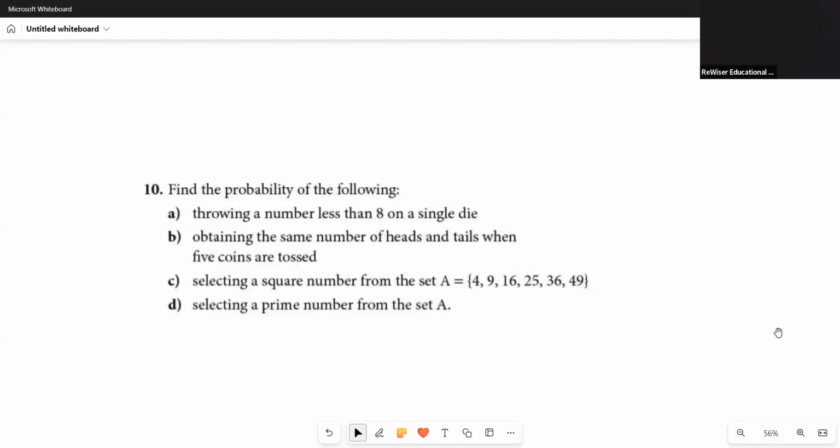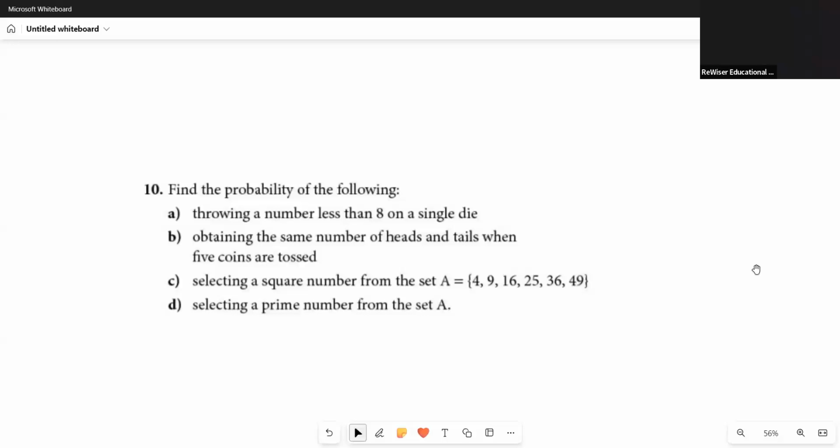So the other type of question that is commonly asked is this: find the probability of throwing a number less than 8 on a single die. Now, the problem here is that less than 8 can include 7, but 7 will never occur.